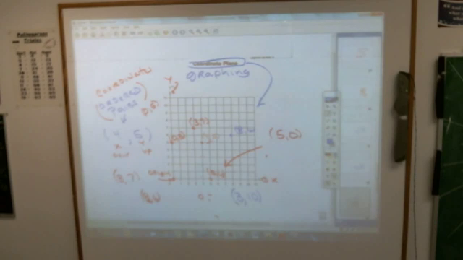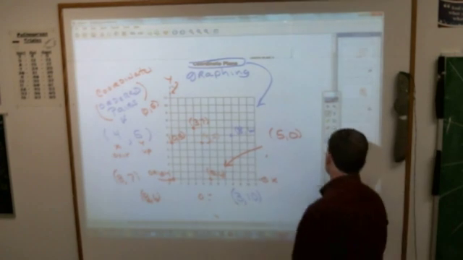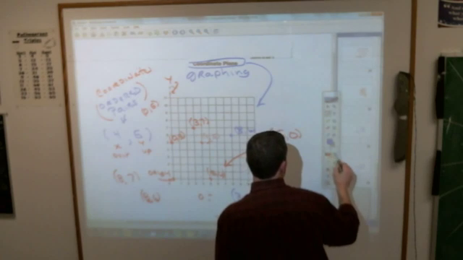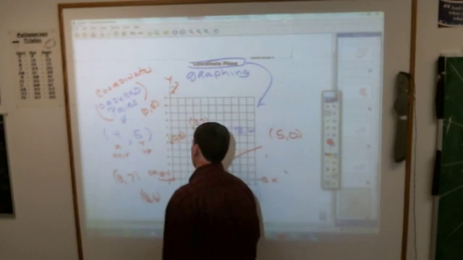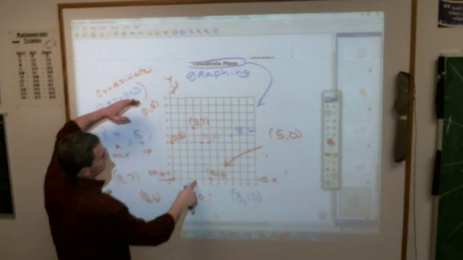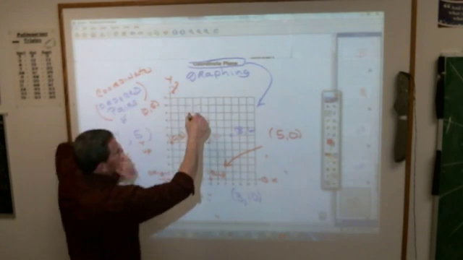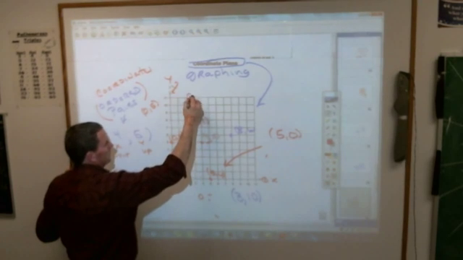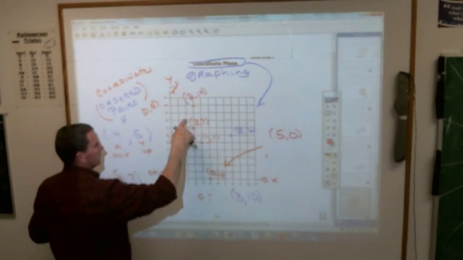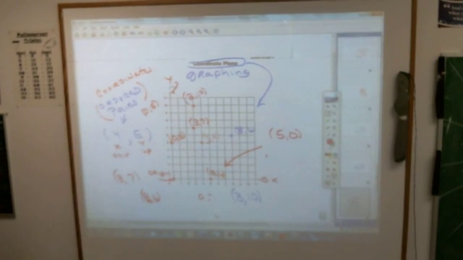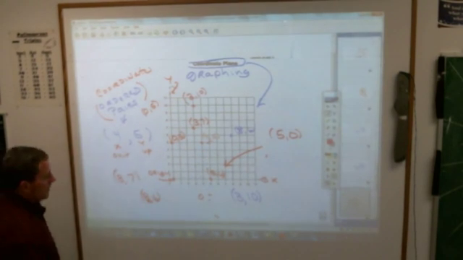The ordered pairs of coordinates always have parentheses around them. There again, 3, comma 10, you should have gone over 3, up 10, and the place where they cross, right here, should be 3, comma 10. It's not 10, comma 3, but 3, comma 10. Everybody's good with that? Perfect.